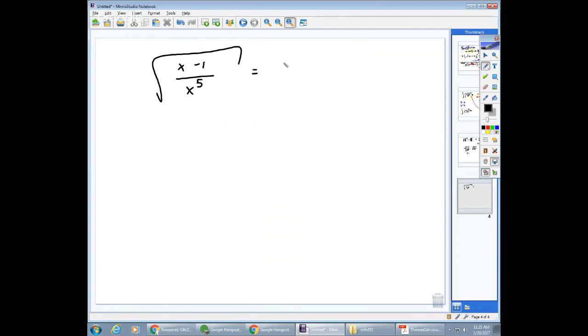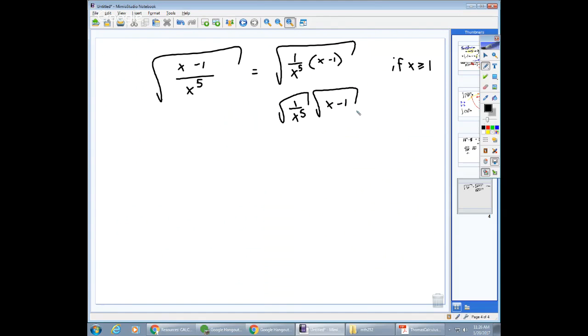Which could be thought of as the square root of 1 over x to the 5th times x minus 1, which if x is greater than or equal to 1, then we could separate that as the square root of 1 over x to the 5th times the square root of x minus 1.